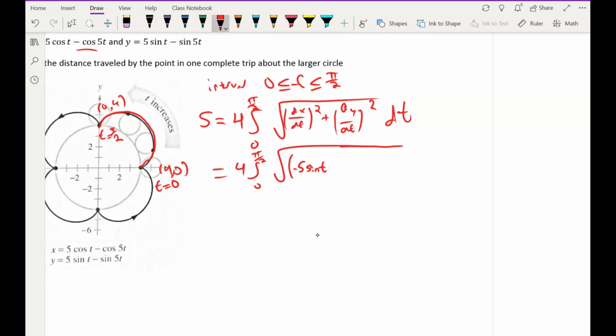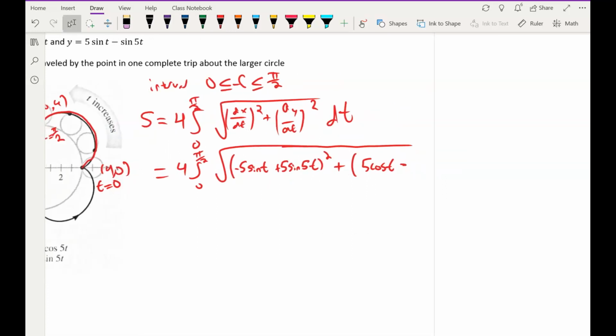So we're going to end up with positive 5 sine of 5t. We're squaring that. Plus the derivative of y with respect to t. So that's going to be 5 cosine of t minus, and then the derivative of sine of 5t is 5 cosine of 5t. Square that, dt. Make sure this is all under that radical there.